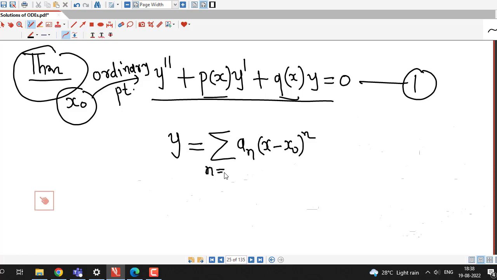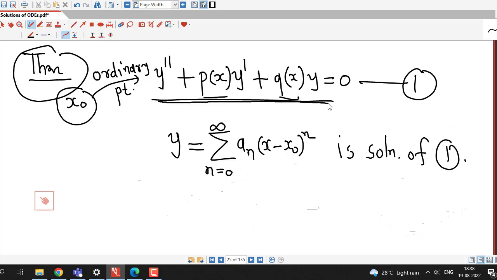We will assume that y equal to sigma a_n (x minus x0) raised to n, n equal to 0 to infinity, is a solution of equation number 1. So if this y is a solution of equation 1, then we can substitute the value of y in this equation.